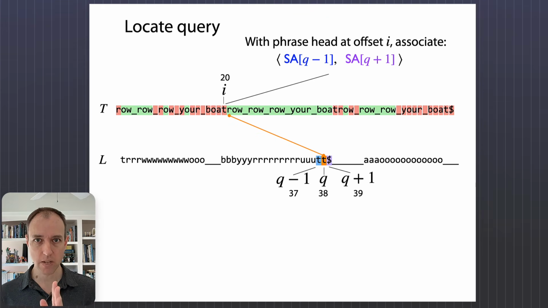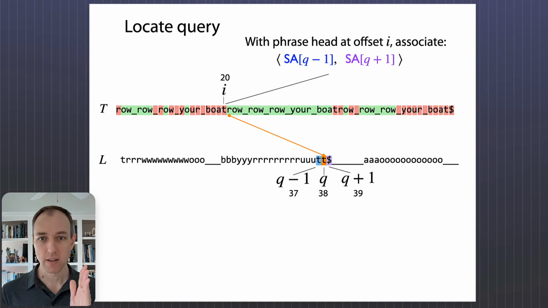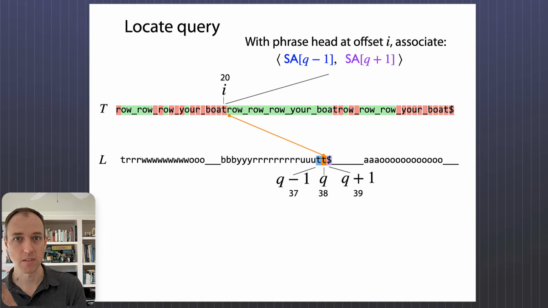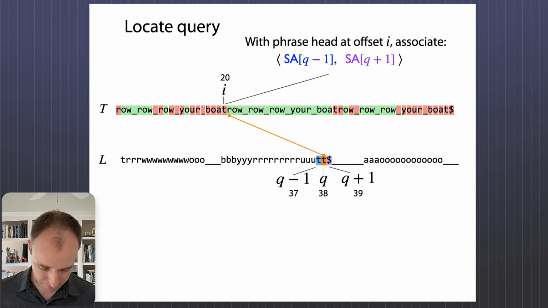If offset 38 with respect to the BWT is our pivot, our focus, then what we want to store at its corresponding phrase head is the suffix array entries for my neighbors to either side. What's the suffix array entry for the next smallest suffix in lex space, and what's the suffix array entry for the next largest suffix in lex space?